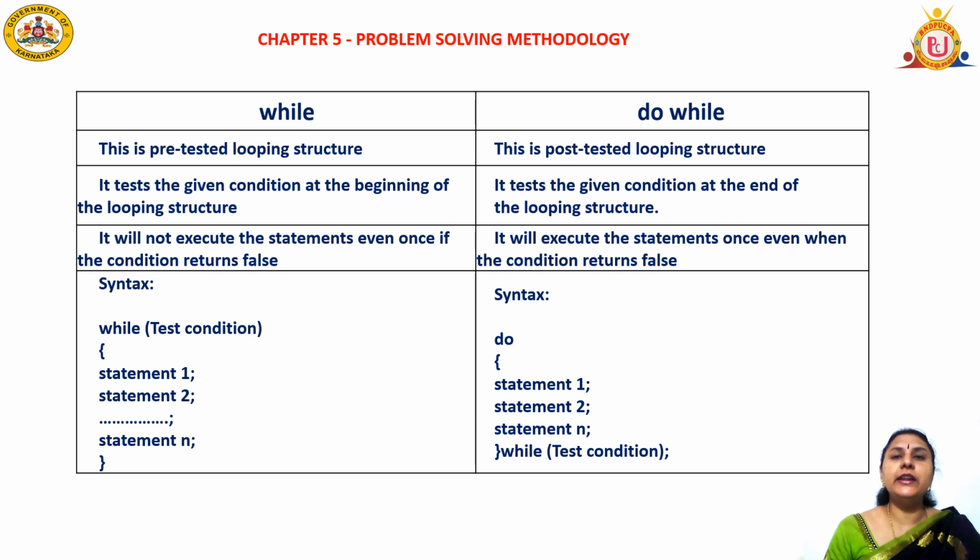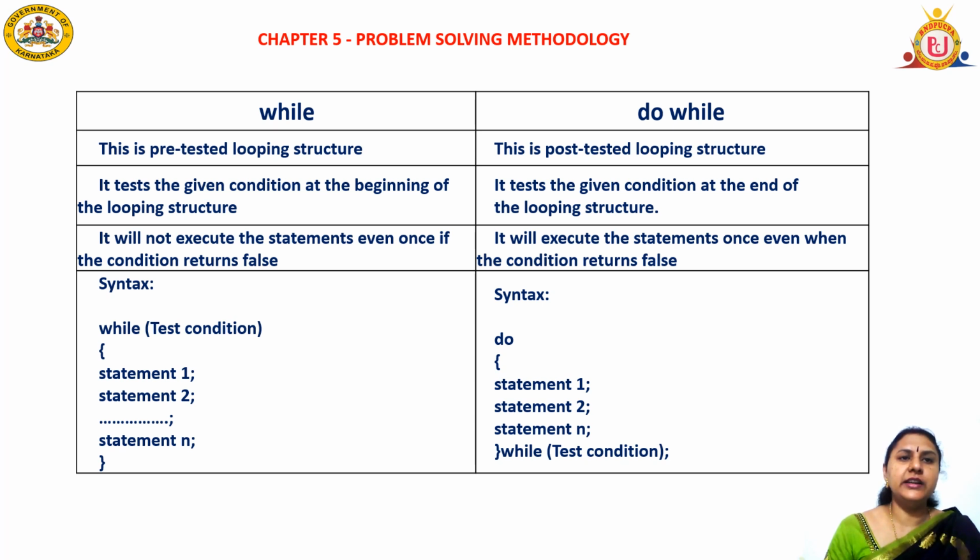Next, do while tests the given condition at the end of the looping structure. That is exit control loop. Next, in the while loop, it will not execute the statements even once if the condition returns false. But in case of do while, it will execute the statements once even when the condition returns false, because we check the condition at the end.